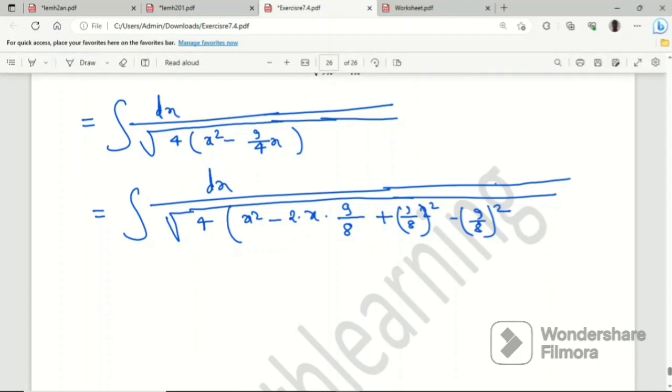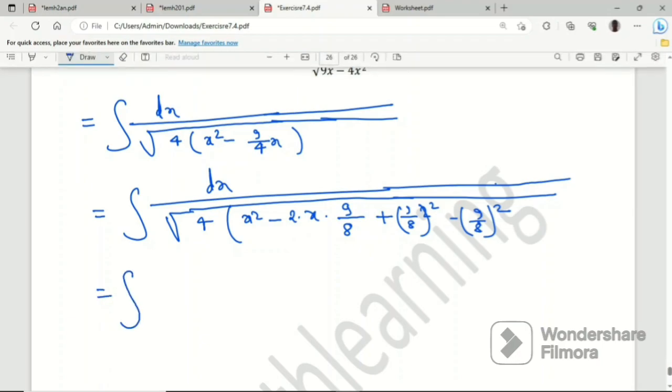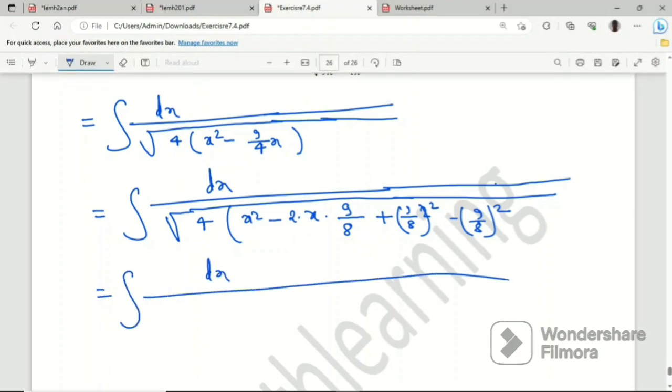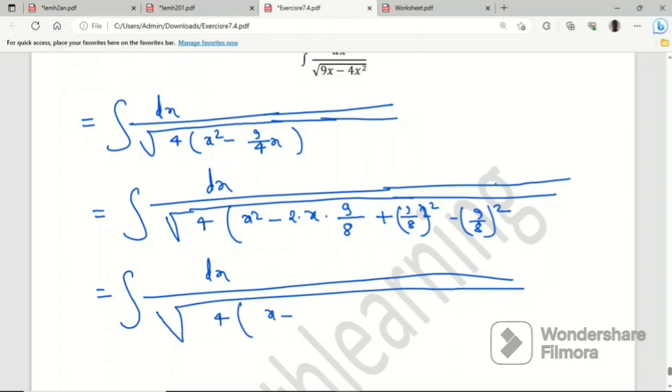So I'll get integration dx upon under root 4, let it be like this, it will be x minus 9 upon 8 whole square, a square plus b square minus 2 into x into 9, minus 81 upon 64, so it is fine.